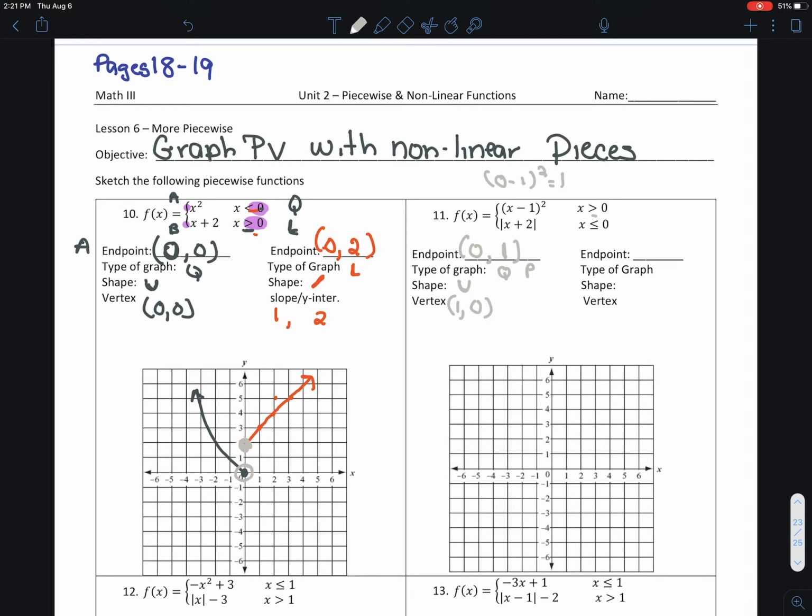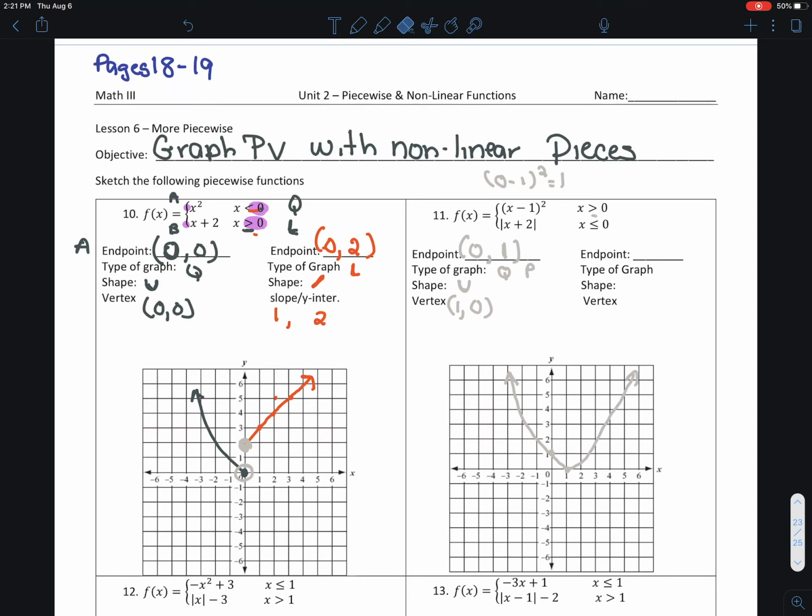So I'm only graphing, this starts at 0. It has a vertex of 1, 0, so it has a vertex over here, so I'm not really going to get to my vertex. So I start at 1, is my first point. And I know my graph, if I were to graph it completely, would look like this.